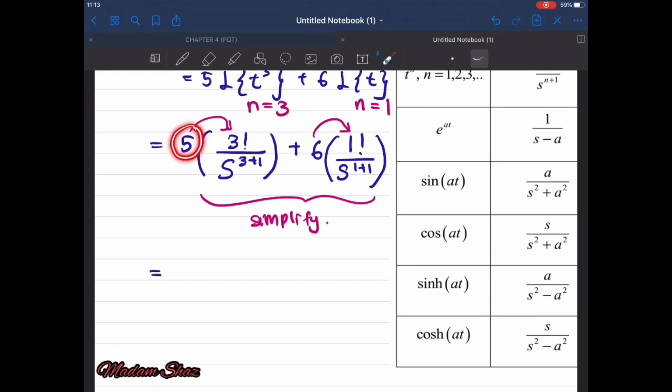So 5 times 3 factorial gives 30 over s^4, since 3 plus 1 is 4, plus 6 times 1 factorial, 6 over s^2. So this is the answer for the Laplace transform for question A.